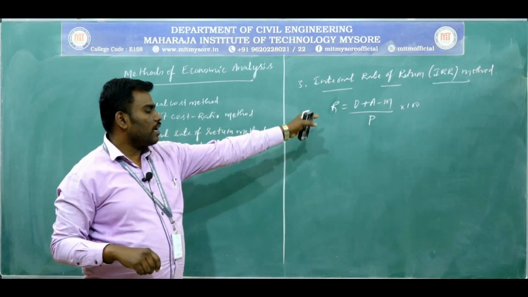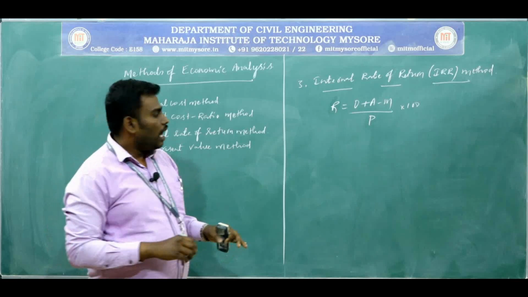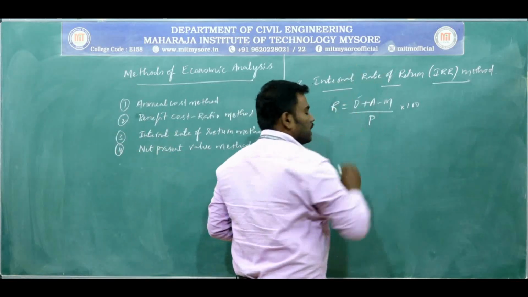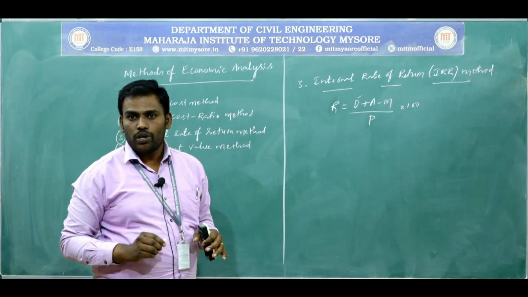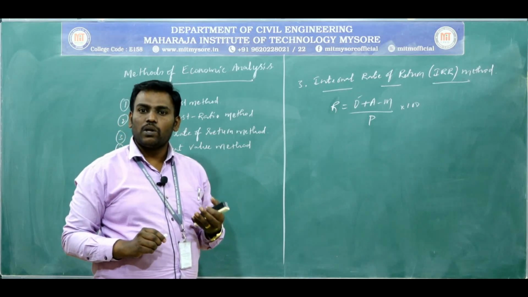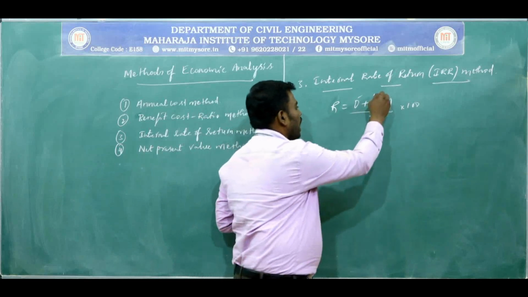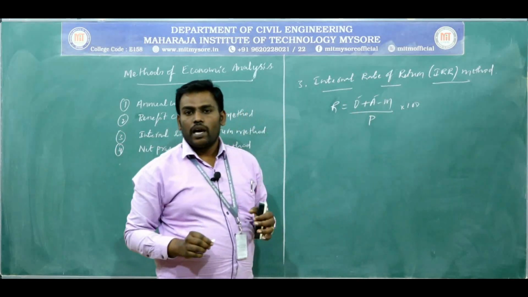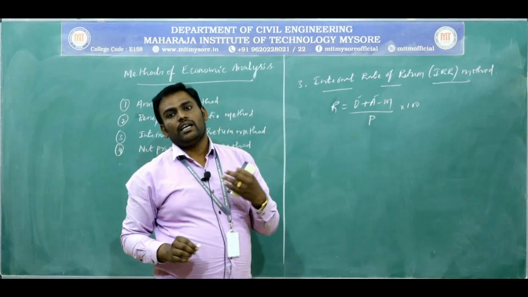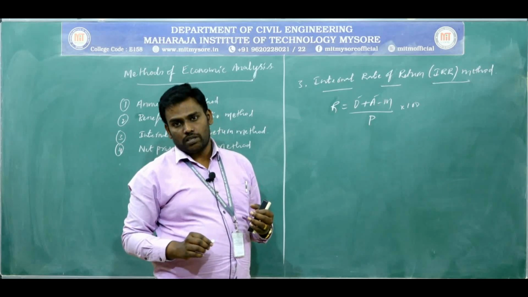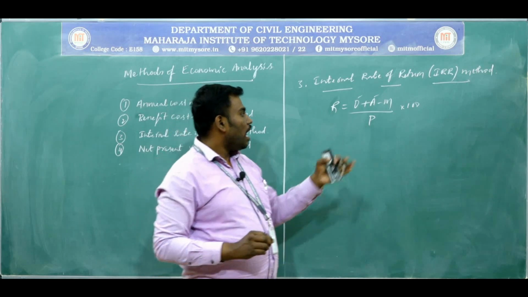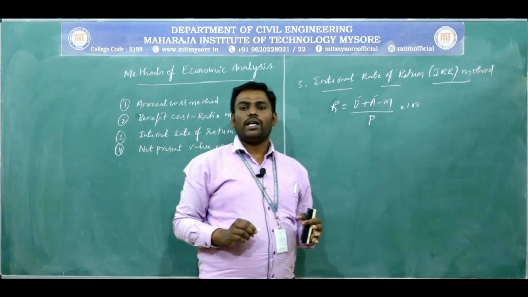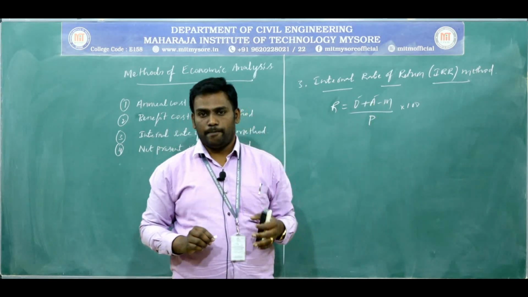Where R is the percentage of rate of return, and O is the savings in annual road user cost, and A is the annual savings in accident cost, and M is the average maintenance cost per annum.